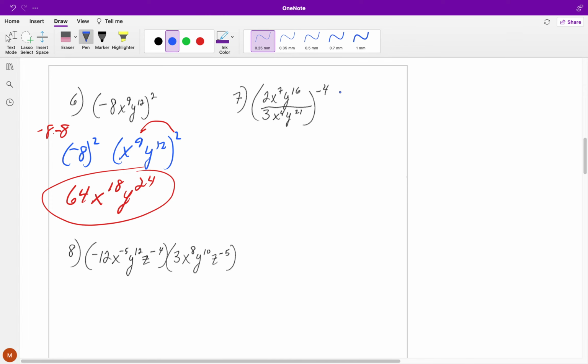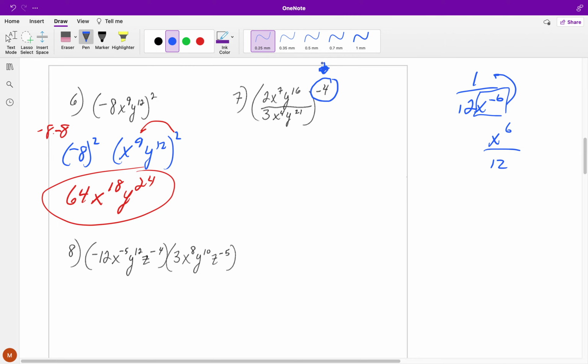This next one, number 7, you can do a few different ways. You can simplify what's on the inside first, or I'm going to just flip this and get rid of this negative. Since I'm focusing on this negative 4, I'm taking the reciprocal. When it was just 1 over 12x to the negative 6, we were only moving one thing, so only one thing changed, and it's only the x. So we took the reciprocal of that x, and since it's in the denominator, it moved to the numerator.